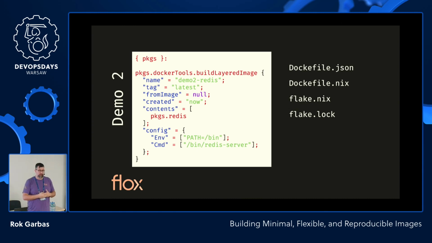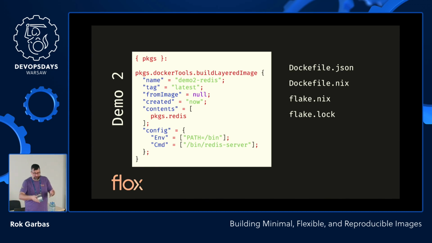Now, there are ups and downs for either, being that imperative style is a bit easier to understand. And this thing is a bit more manageable in the long run. So instead of saying, install this, and then remove all the cruft that the command produced, you just say, give me Redis.